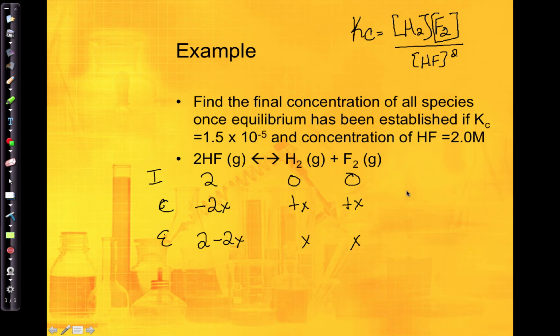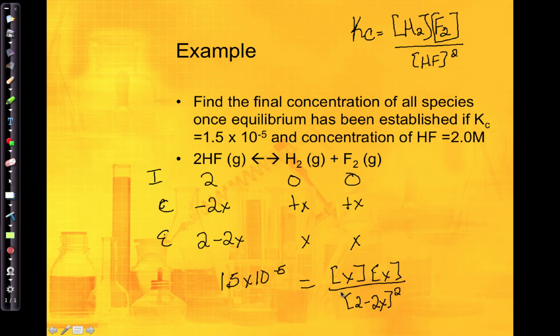So Kc is 1.5 times 10 to the negative 5th, and that's equal to H2, which is x. So you're plugging the E expressions into your K equation. So x, and then F2 is also x, and then divided by your HF, so 2 minus 2x, and that's going to be squared.